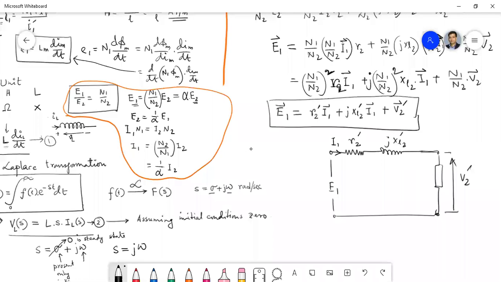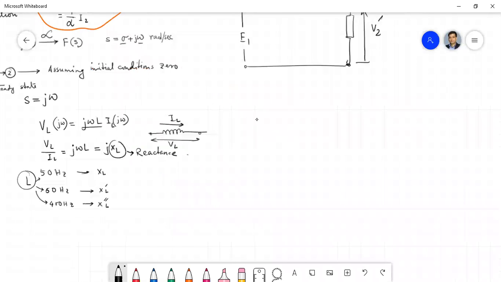Now we can connect this modified secondary circuit and the existing primary circuit. And it will look like this.